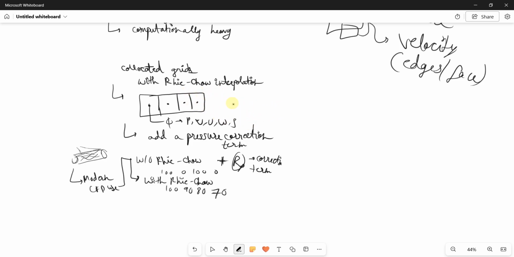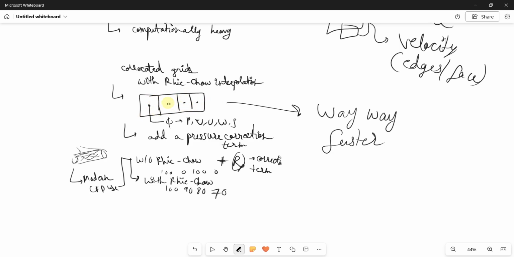So why was collocated grid more preferred than staggered? Because it's way faster, right? Because all data is stored in the center of the cell itself, and you can just take it from it directly. You don't have to compute anything else. You don't have to compute for other locations.